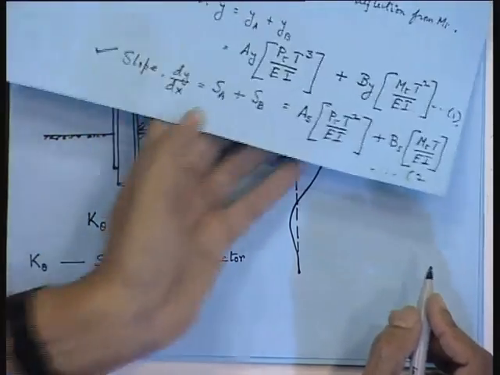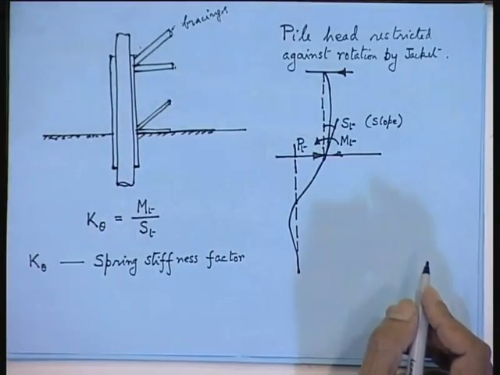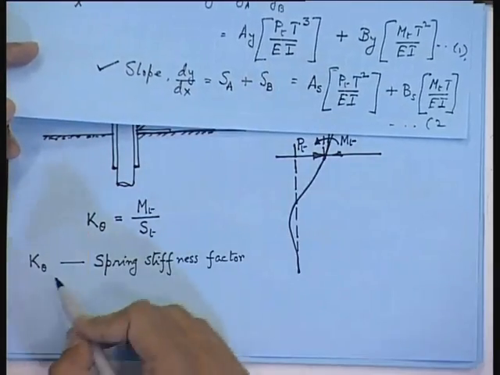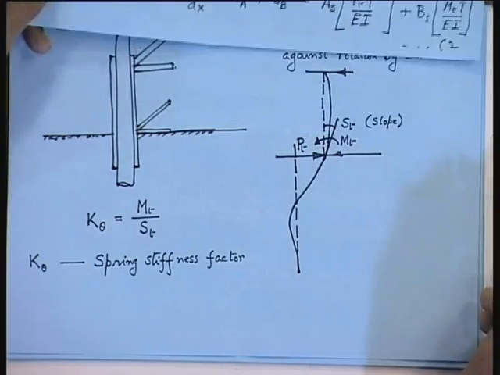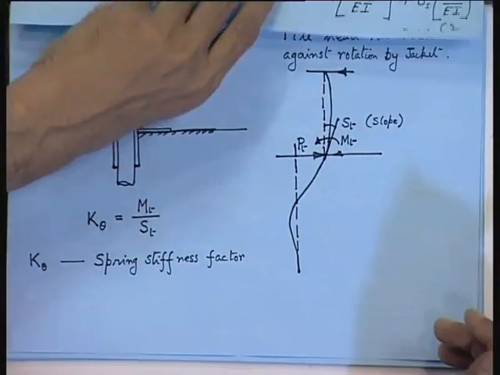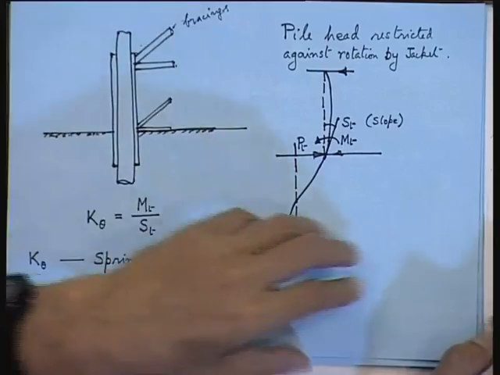So, what was our slope equation? So, this was the equation for the slope. Now, you substitute K theta. So, you are getting both MT and PT out in the slope equation.